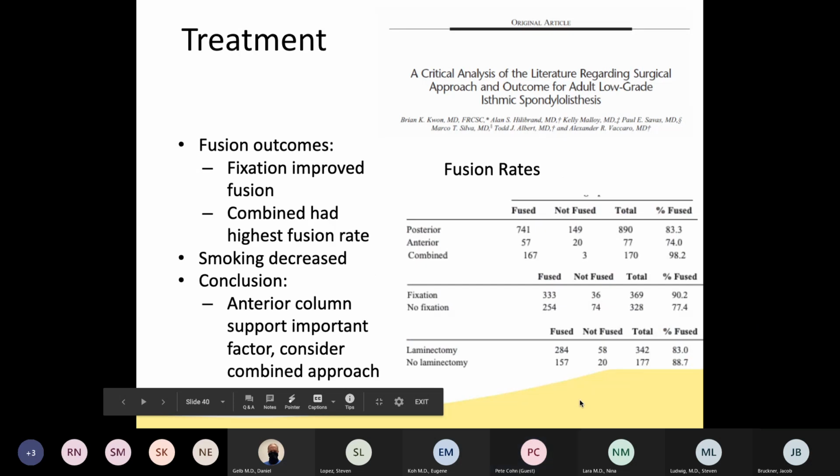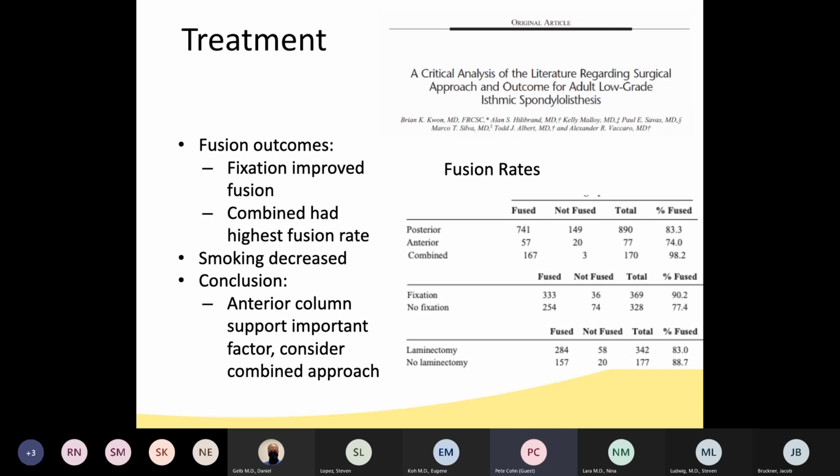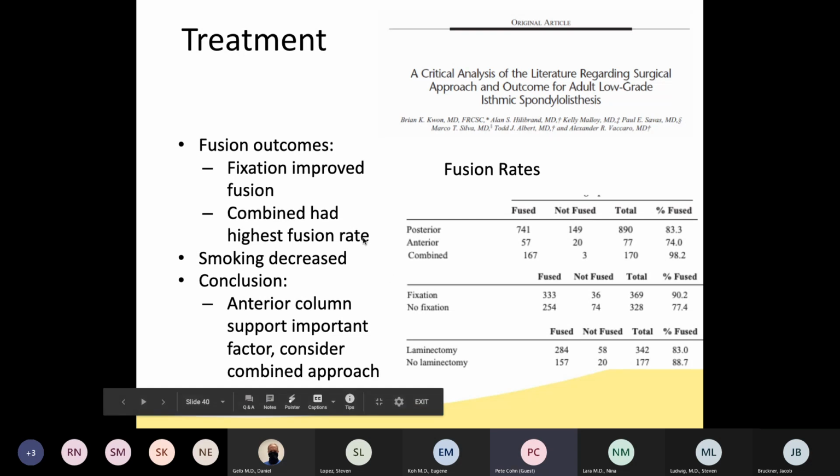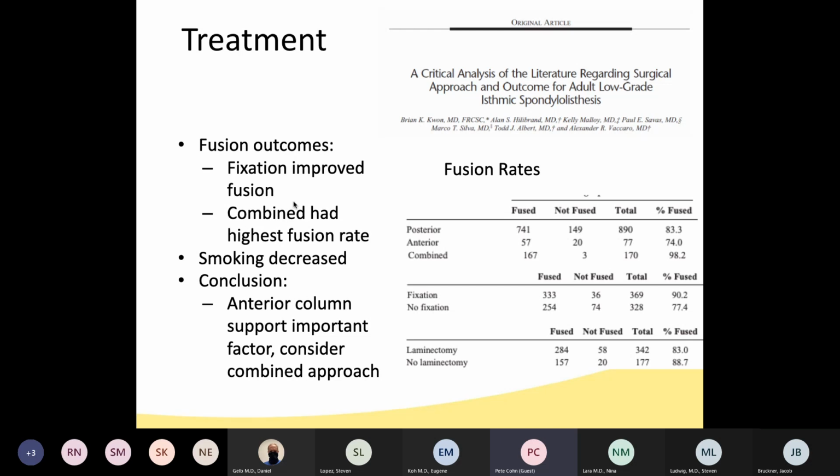And then when they looked at their fusion rates, they sort of reiterated the same thing: having a combined approach for fusion tended to improve fusion rates, and those were the highest fusion rates.